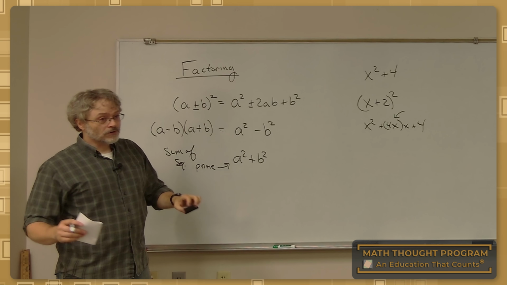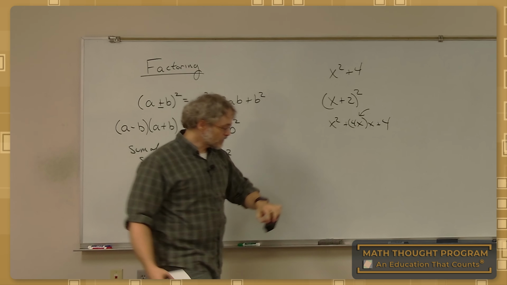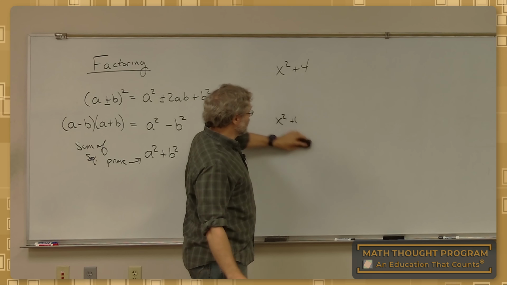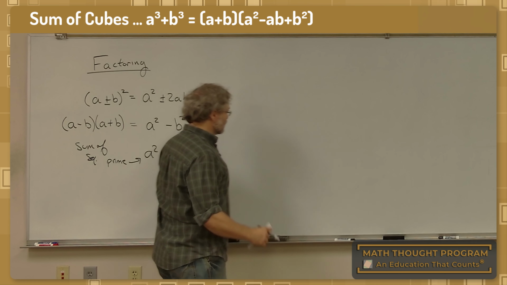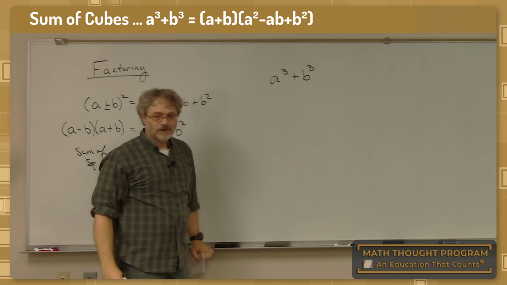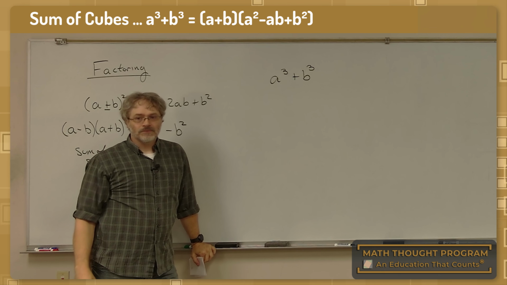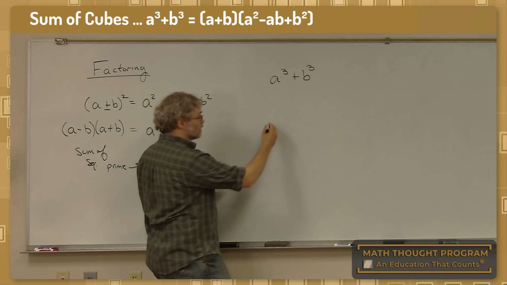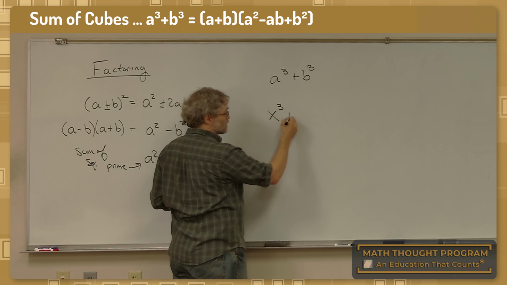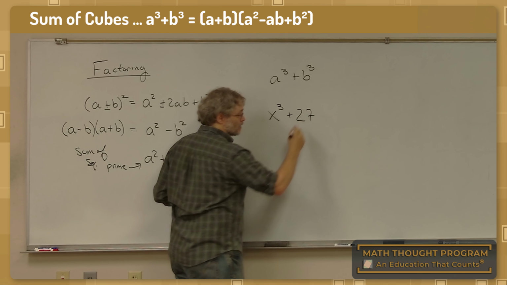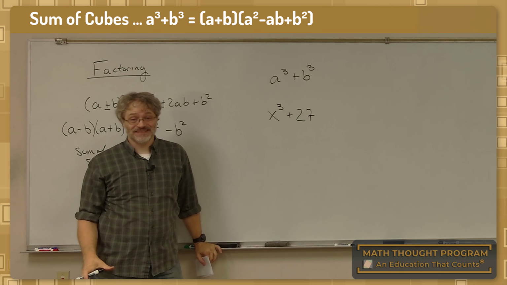Now, there are some other identities that we also want to make sure that we are mindful of. And another one is sums of cubes. Now, when I see a sum of cubes, something of the form maybe x cubed plus 27, guys, I can factor this.